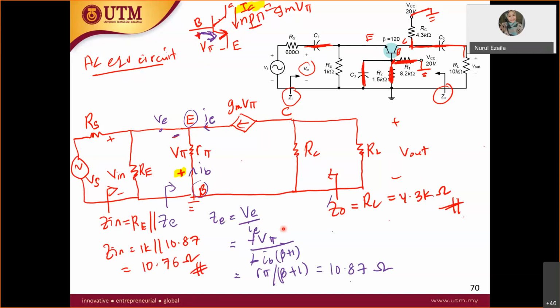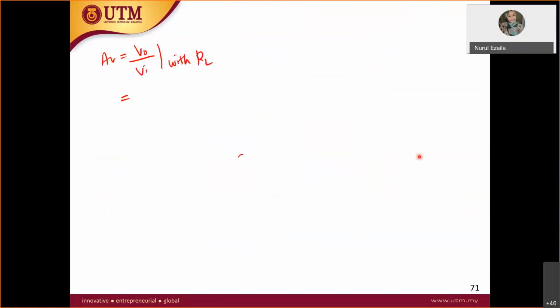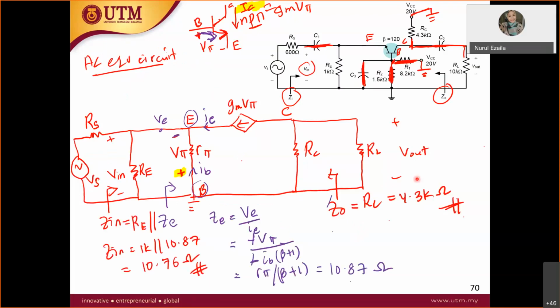Guys? RC. Voltage V out with RL, so V out equal to voltage across RL, these two resistors in parallel.